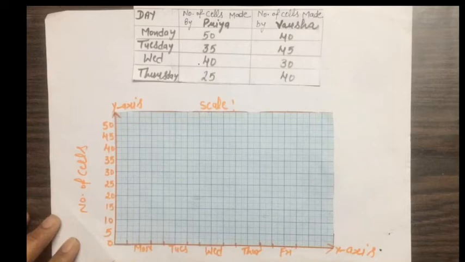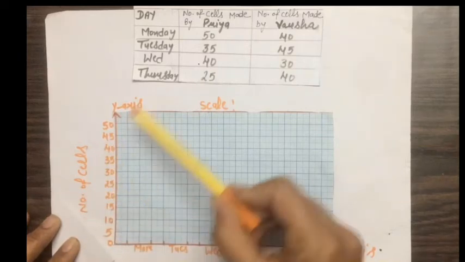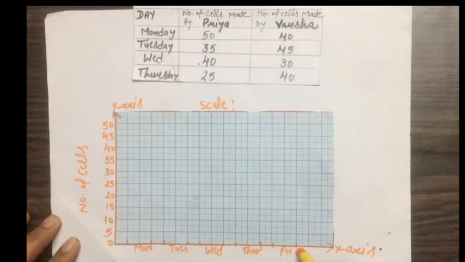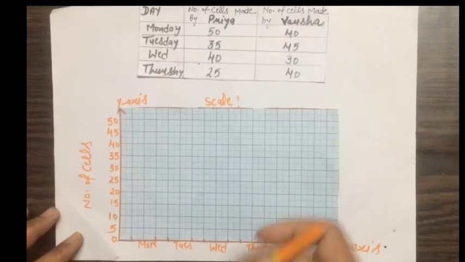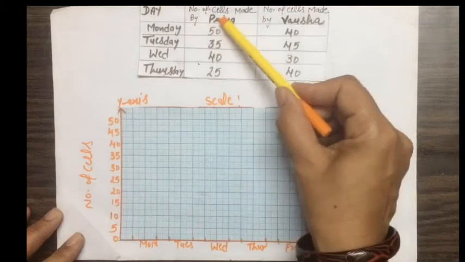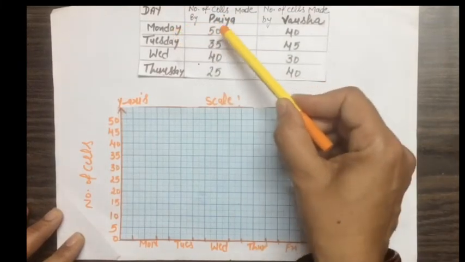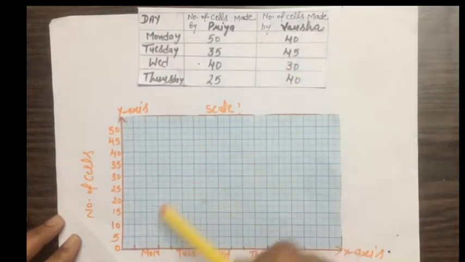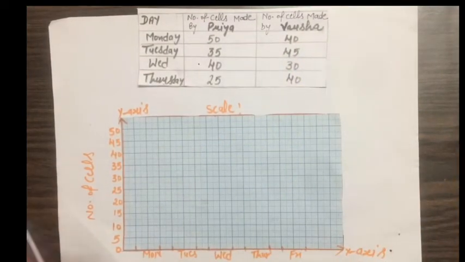Then next, write here number of cells, as we are representing the frequency on y-axis and days on x-axis. Now the number of cells made by Priya on Monday is 50 and Varsha is 40. We will represent this on a single graph.